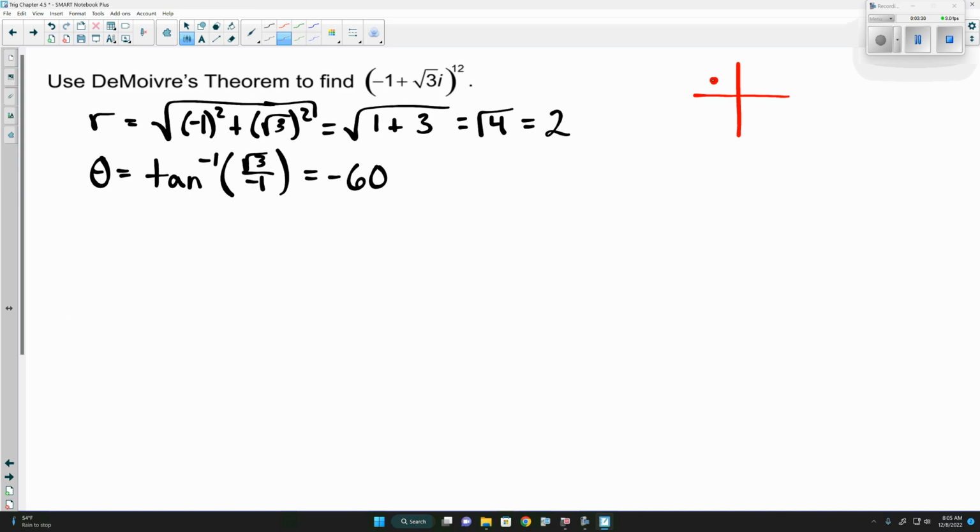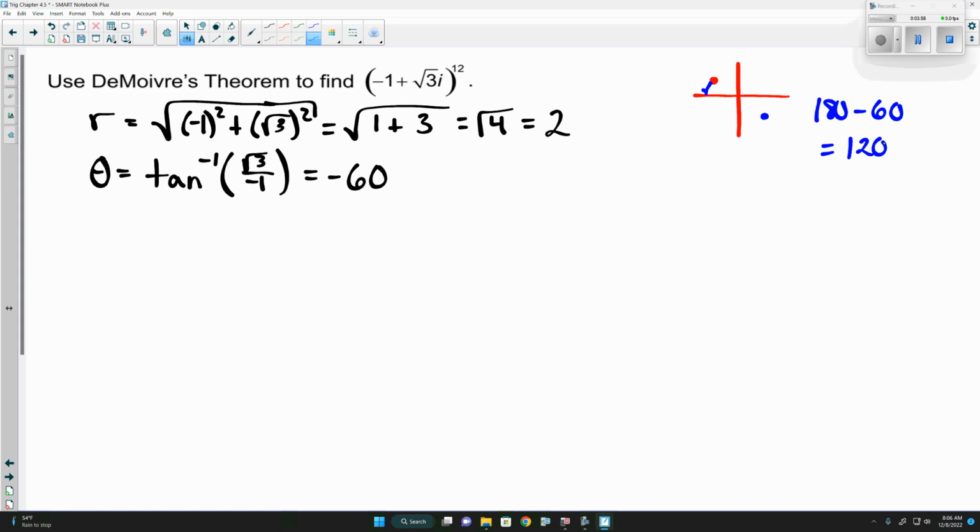Now, -60 degrees is technically down here. So we would have to take that reference angle of 60 degrees from pi, or 180, to get here. So we could say 180 minus 60 is 120 degrees.